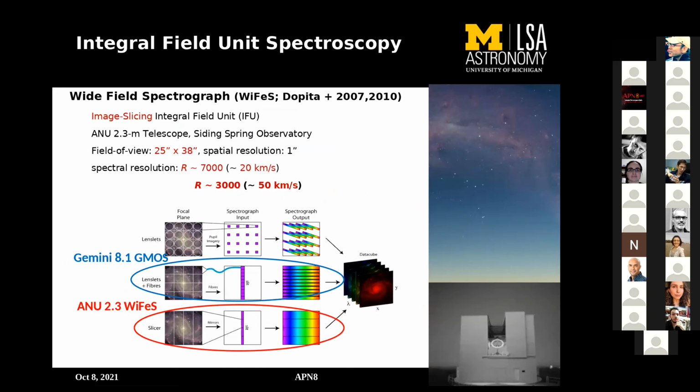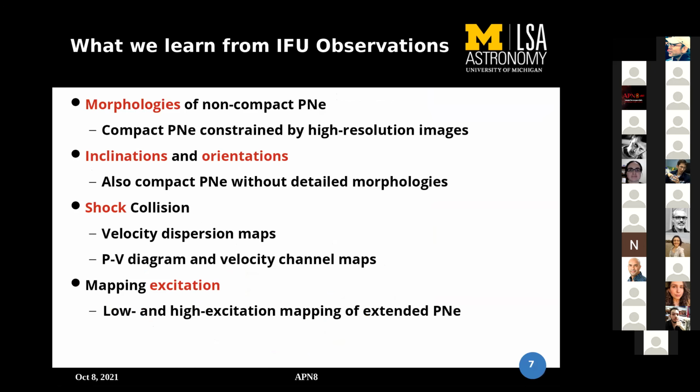There are different kinds of IFU: a lensless fiber IFU on Gemini GMOS, but WiFeS is an image-slicing IFU. It doesn't provide very high spectral and spatial resolution, but it's good for extended objects.